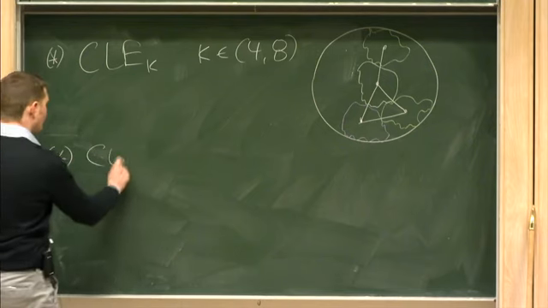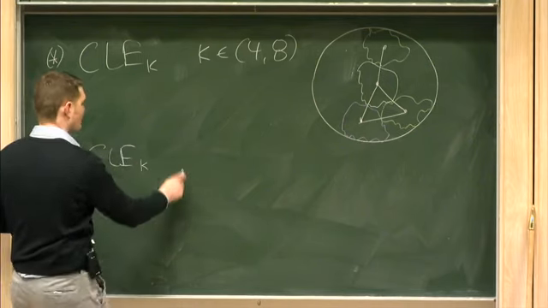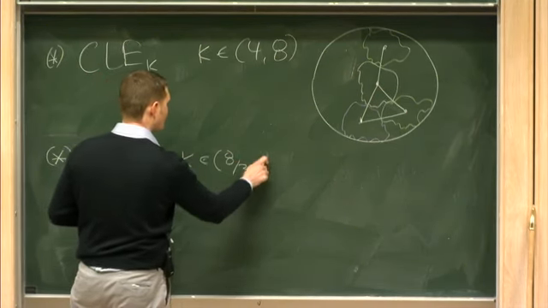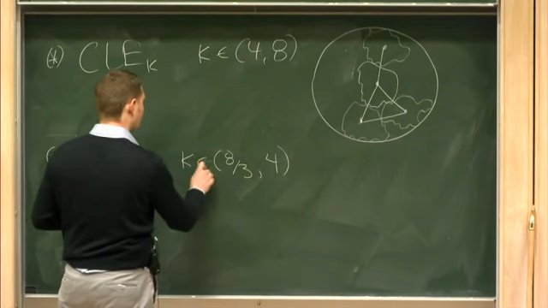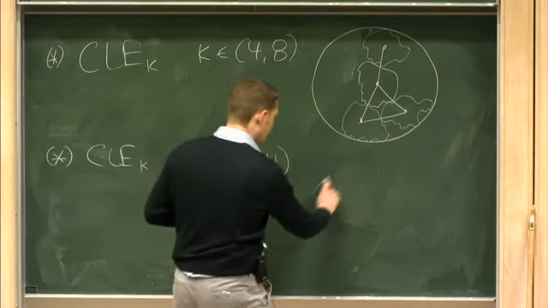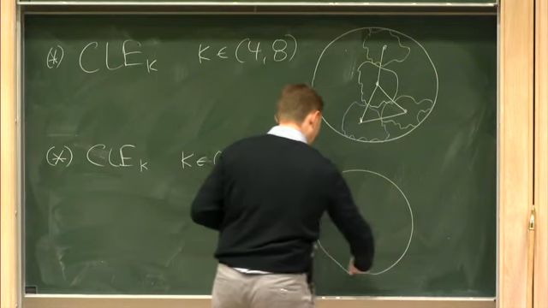So now, what about kappa between 8/3 and 4, not including 4? So here you have to think a bit more about what you want to do, because of course the loops don't touch.